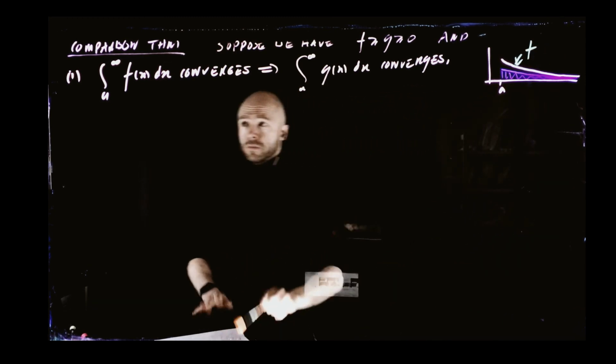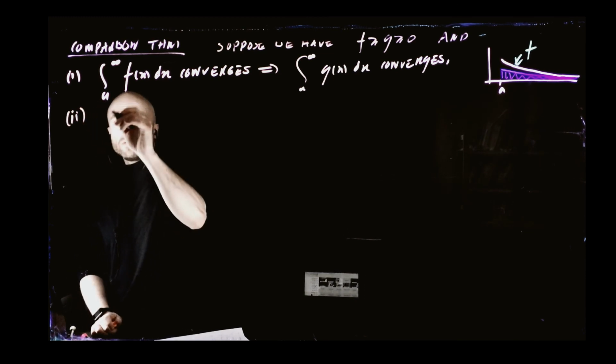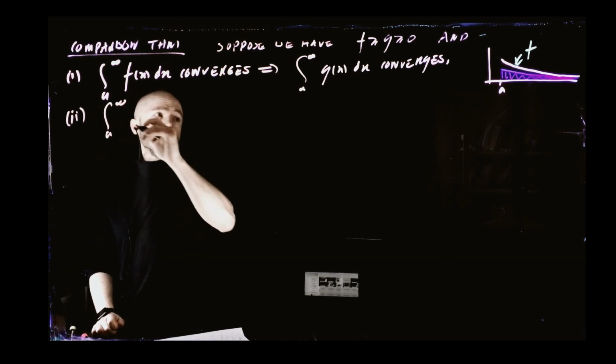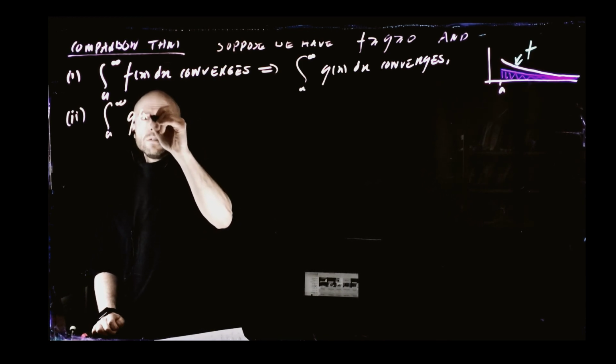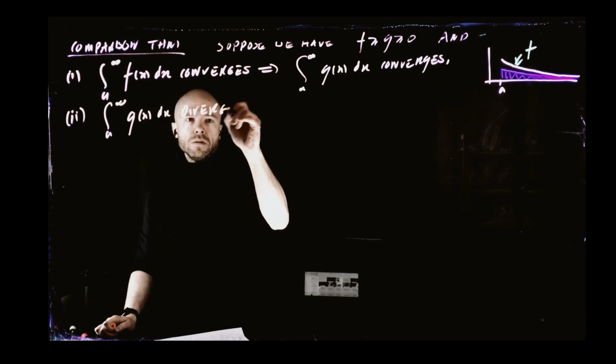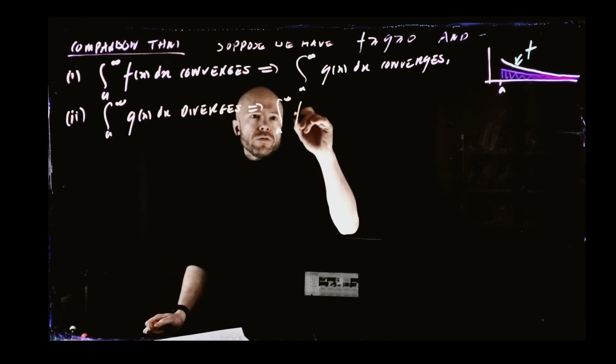So that is true. And it's also true that if the integral from a to infinity of g of x dx diverges, this implies the integral from a to infinity of f of x diverges.